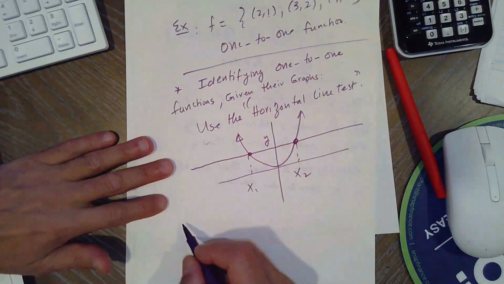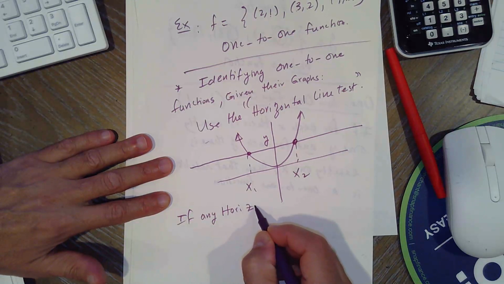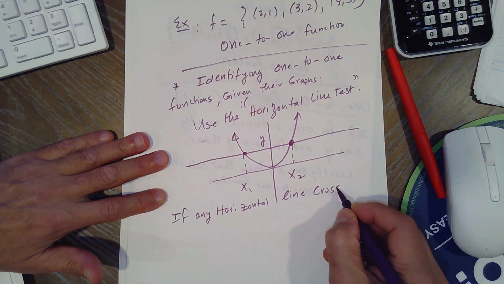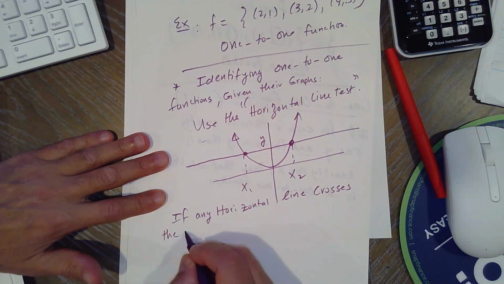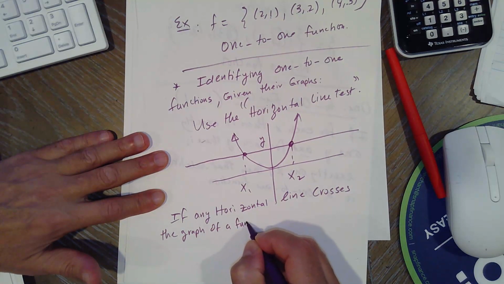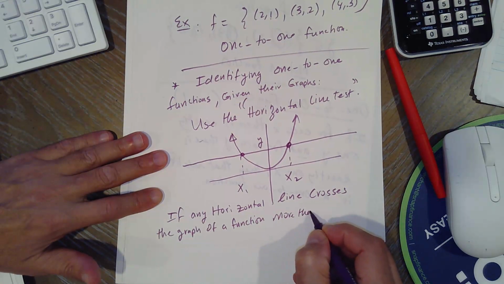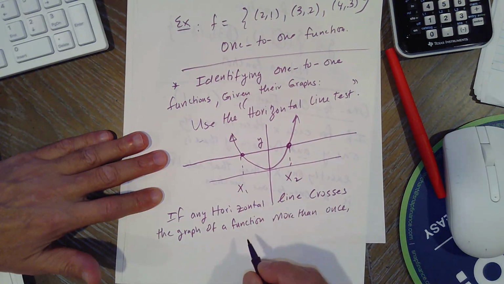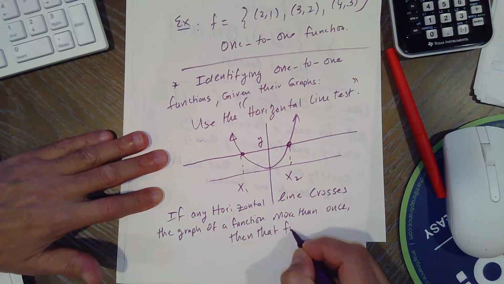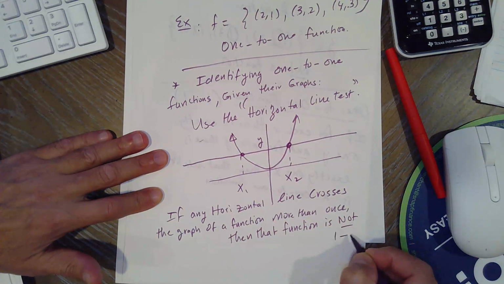So if any horizontal line crosses the graph of a function more than once, then that function is not one-to-one.